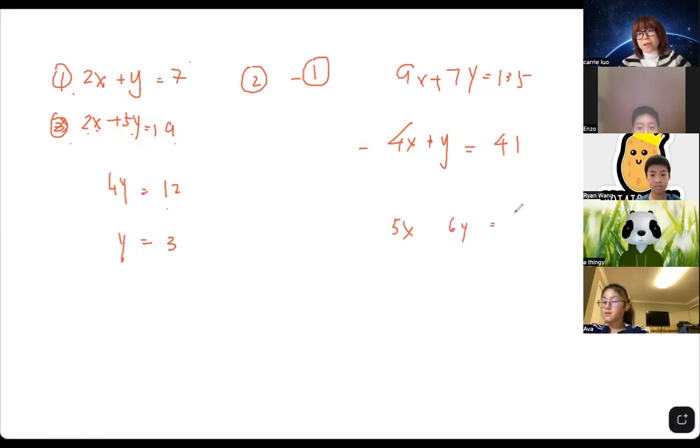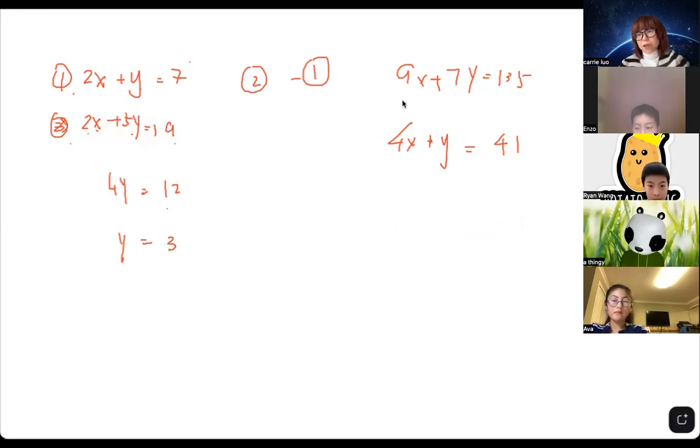Can we directly get the answer already? No, because our target is to get rid of one variable. Understand, Ava? So in order to do that, we need to make the number before y or before x the same. Then we subtract them. One of the variables is going to be missing, eliminated.